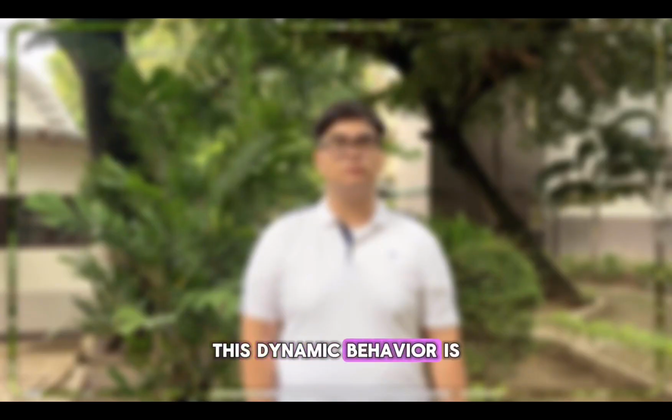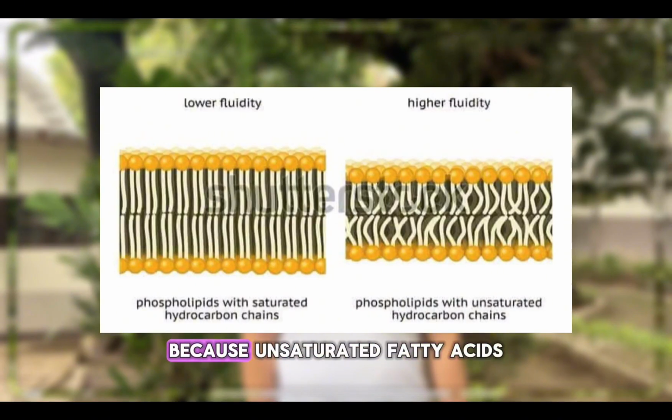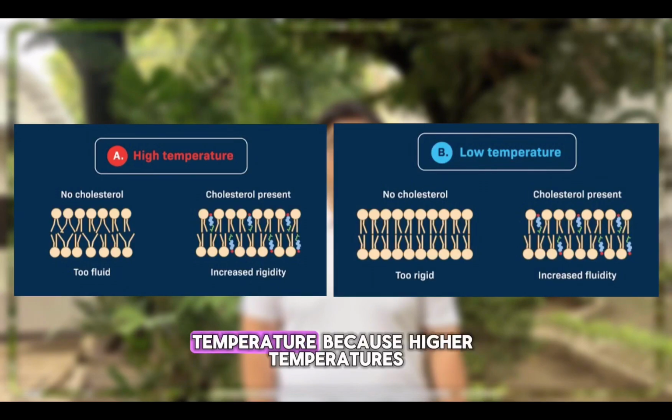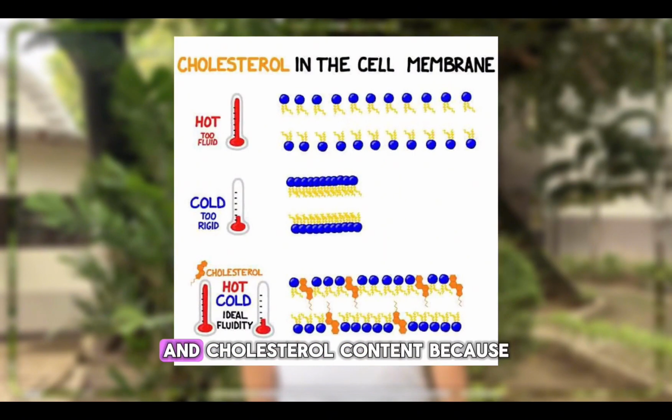This dynamic behavior is primarily influenced by three key factors, those being the degree of fatty acid saturation, because unsaturated fatty acids increase fluidity, temperature, because higher temperatures increase molecular motion, and cholesterol content, because cholesterol modulates fluidity by preventing excessive rigidity at low temps and excessive fluidity at high temps.